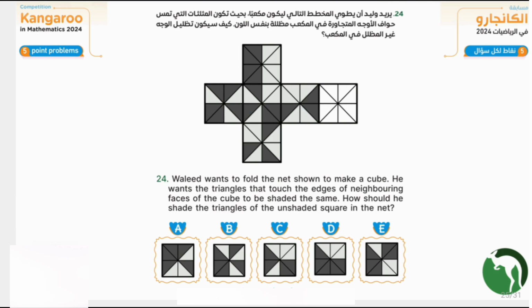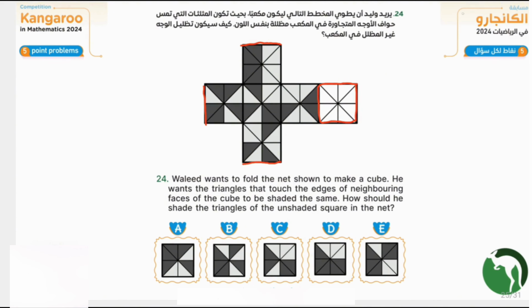So now we want to shade the colors here of this square according to the squares here. So this square here will touch this square from here, and this square from here, and this square from here.